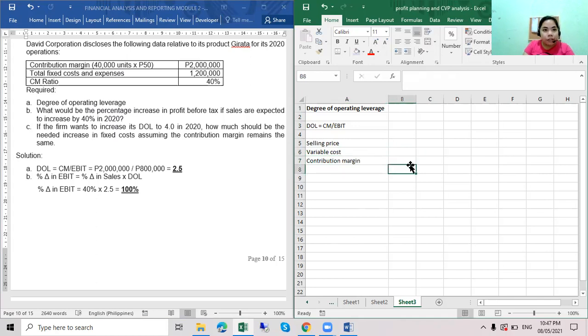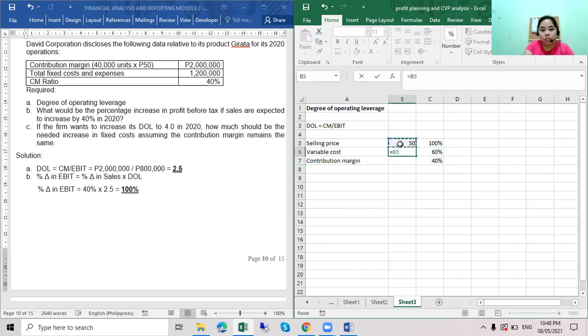So, per unit, the contribution margin is 50 pesos. If the CM ratio is 40%, that means your variable cost is 60%, and of course your selling price is 100%.